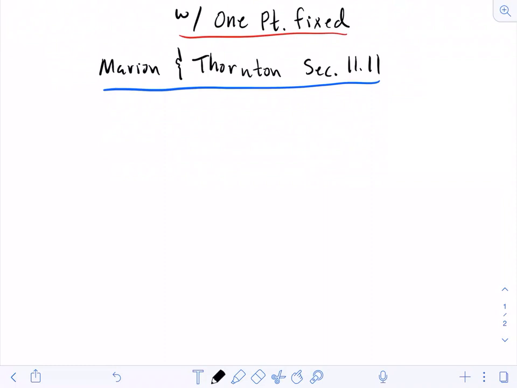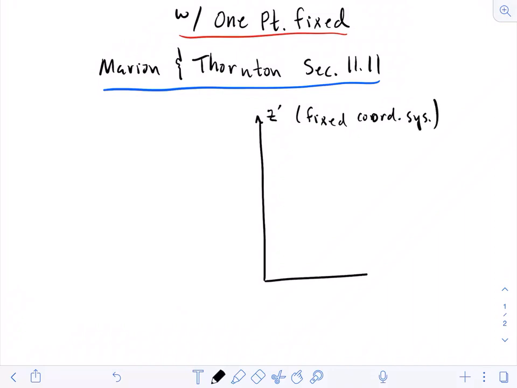Okay, and so here's the picture. We're going to have our fixed coordinate system. And so remember, our fixed coordinate system was the primed system. So we have a vertical z prime axis, and we're going to say that this is our fixed inertial reference frame. And then let's put a y prime and an x prime.